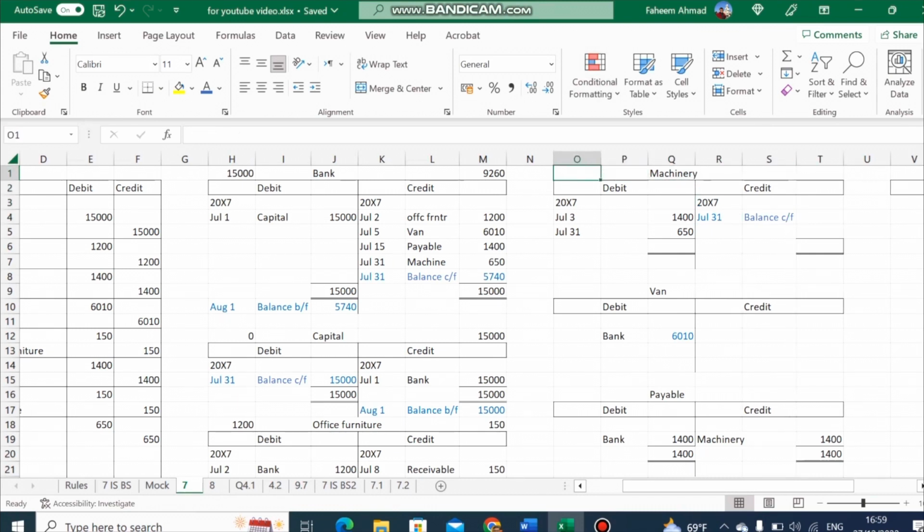So which side is bigger? Obviously, debit side is bigger. So total is 2050. And the balance on credit side is nil. So balance carried forward will be the same amount. I will take total of debit side minus total of credit side. So it's 2050.